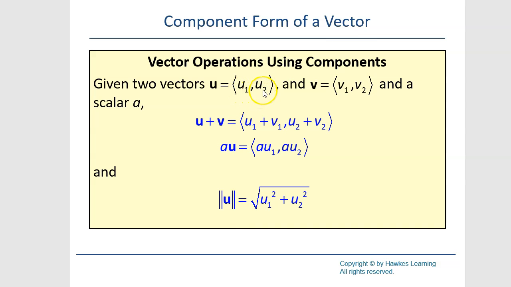These numbers within the vector are called the components: horizontal component, vertical component. So how do we add these things? We add component-wise. X components to X components, Y components to Y components, or horizontal to horizontal, vertical to vertical. And then how do I scale? I just multiply each number in there by the scalar.